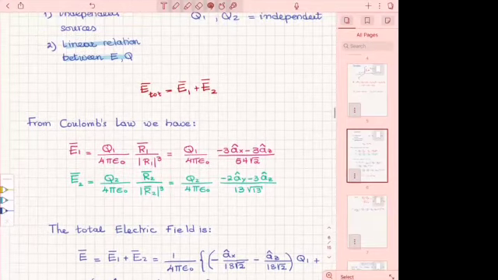So now, using formula 2 that we saw before, I calculate one field, E1, red, coming from Q1, the red charge, and E2 coming from the other charge, Q2.